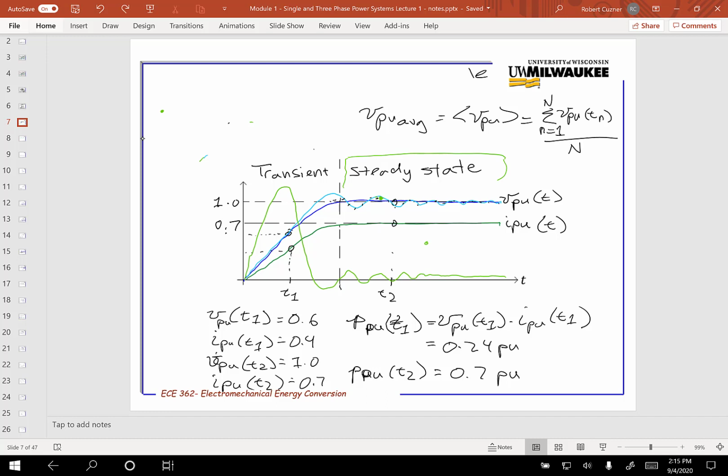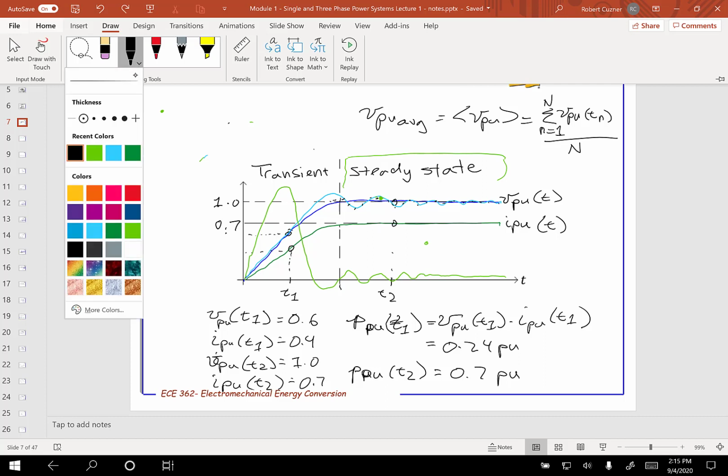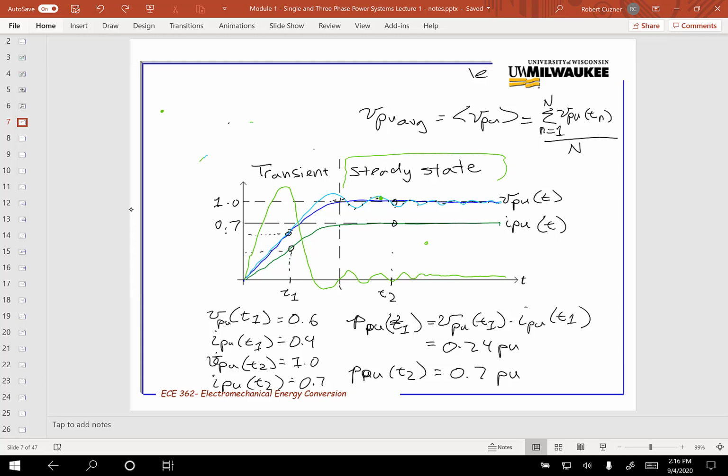That's an average. And what the average will look like is it will be exactly the same level as we had here before. That would be your V per unit average.